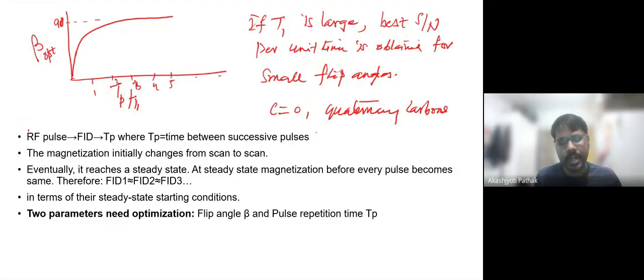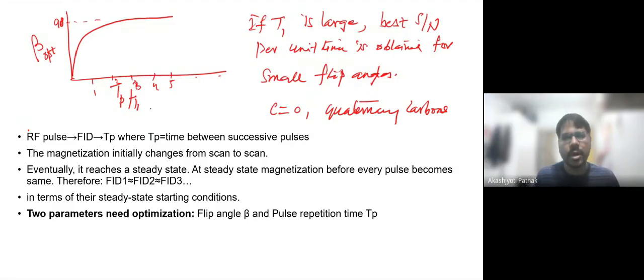You are increasing the signal of the nuclei that you want to capture. So at every scan, you want your FIDs to remain the same. That is why you have to optimize your flip angle and the duration between successive pulses.